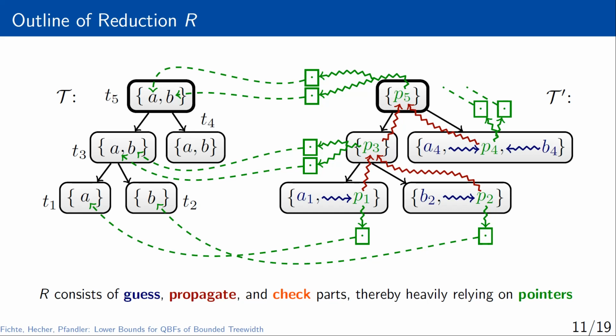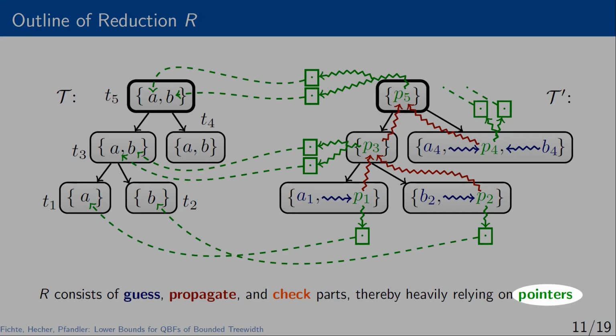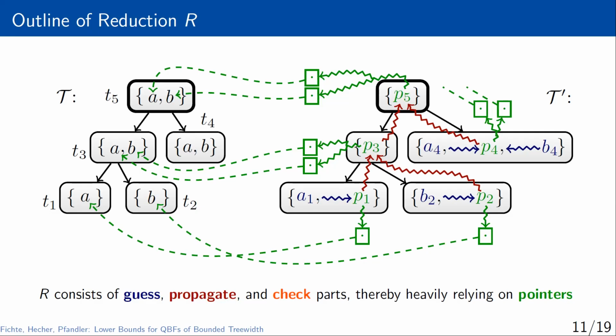So how do we go from bag size k on the left-hand side to bag size log k on the right-hand side? Well, in each bag on the right-hand side, we are only allowed to address, say, a constant number of vertices in the bag on the left-hand side. Technically, this is realized with the concept of pointers similar to programming languages, where with a pointer in a bag on the right-hand side, we can address at once any element of the corresponding bag on the left-hand side, but only one element at a time.